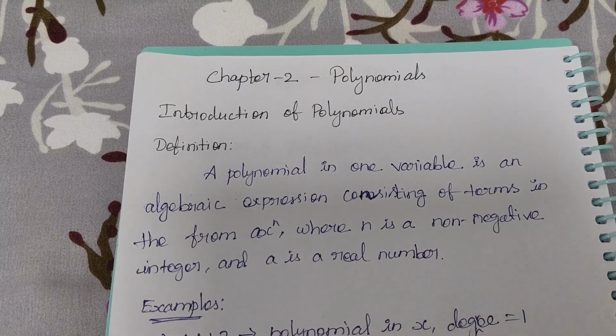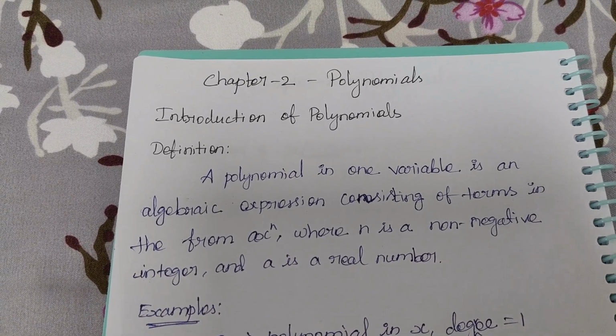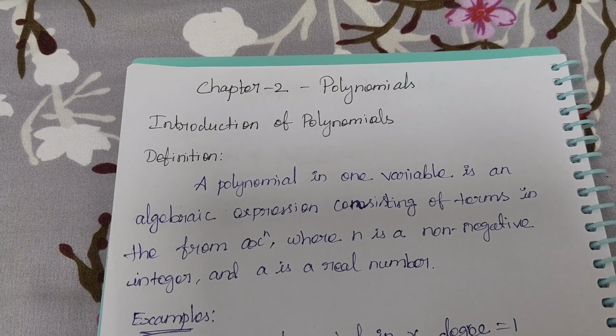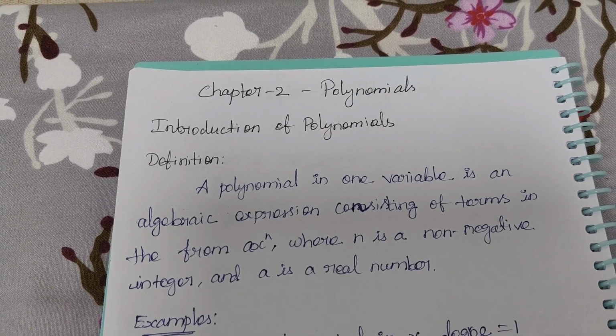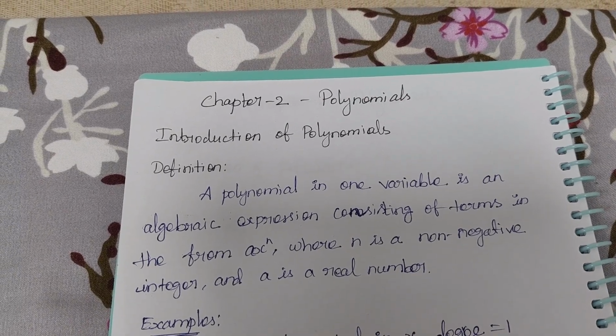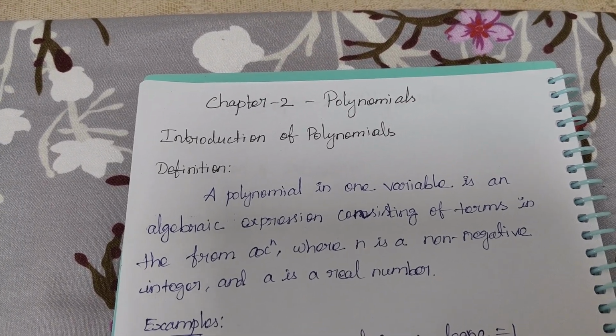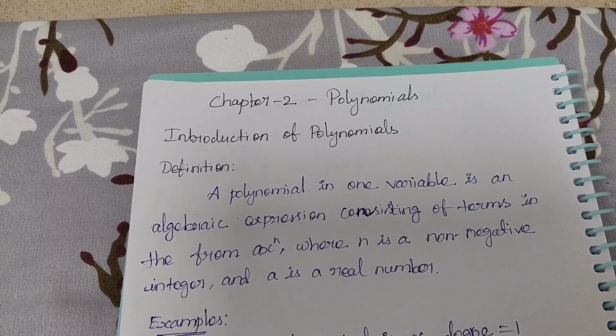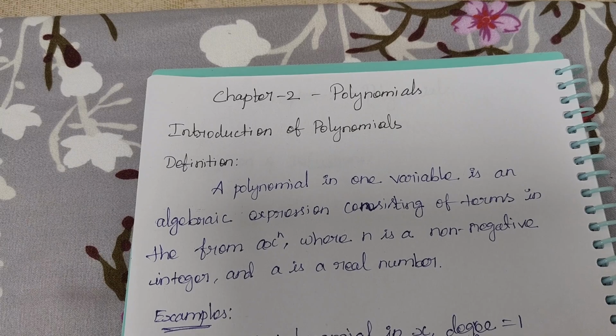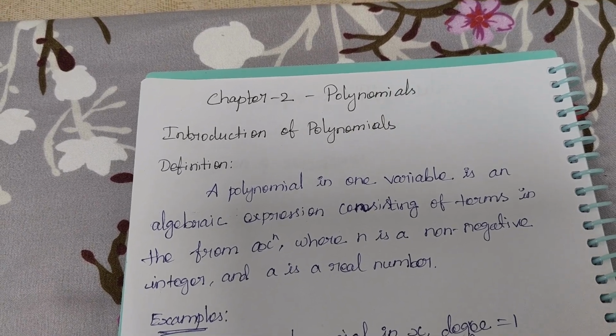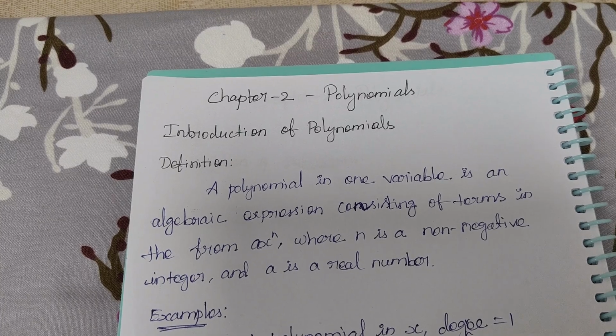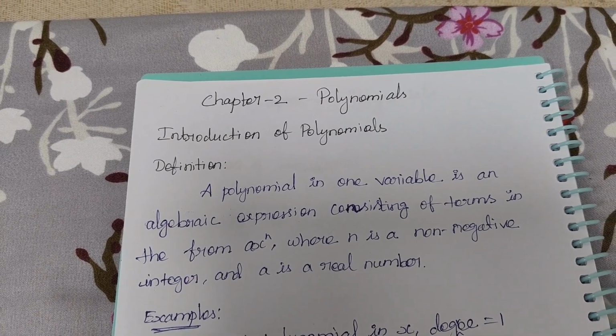The numbers in front of x, called the coefficients, have to be real numbers. That means you can multiply x, add x, and the power of x can be positive or 0. That's a polynomial.